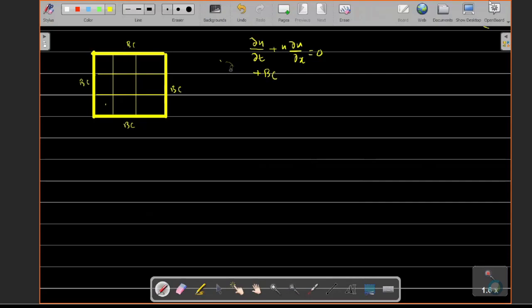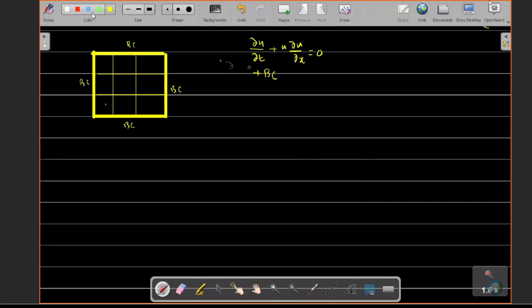What about the equation? Now this equation is applicable to this discretized domain. So what we have to do is discretize this equation itself.